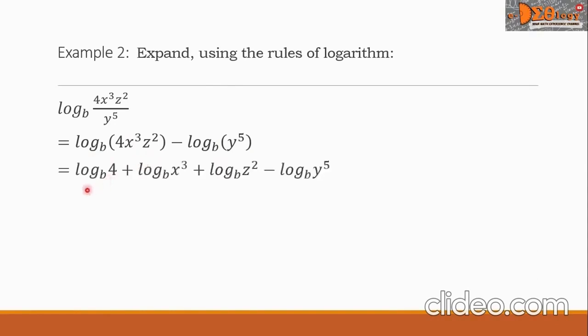So we have log of 4, the first factor, to base b, plus the log of the second factor, x cubed, to base b, then plus the log of the third factor, the z squared, to the base b, then the minus log of the denominator, the y raised to 5 to the base b.